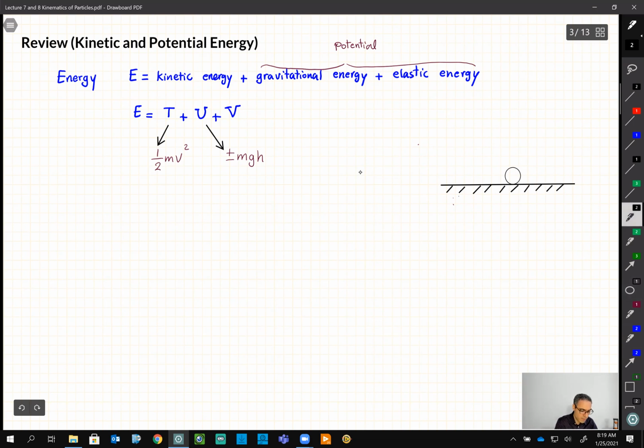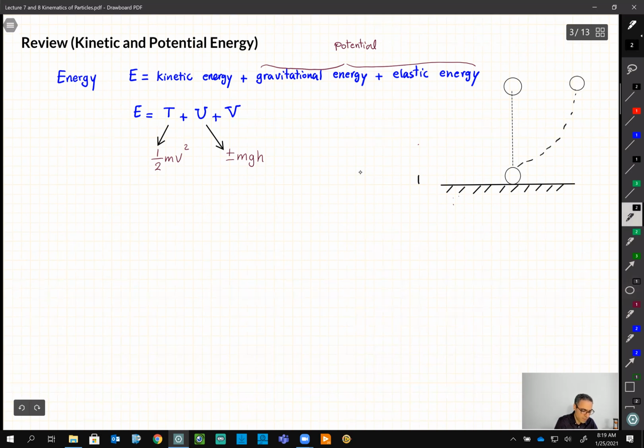It doesn't matter if it goes straight up to that point, or if this mass decides to go on a curved path to the same height.